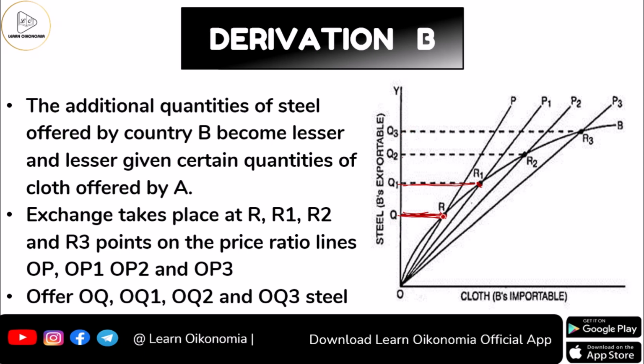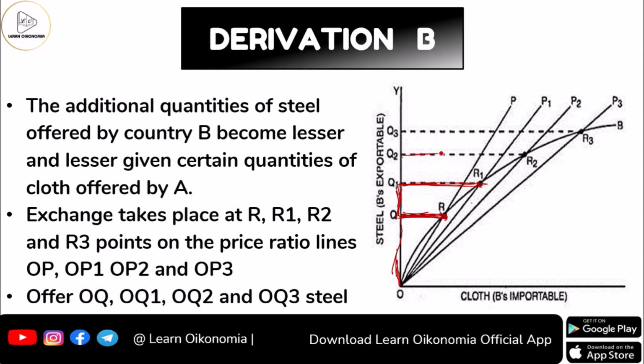So at R what happens is that you are trading OQ of steel for RQ of cloth. Here the two nations are trading R1Q1 of cloth for Q1O of steel.